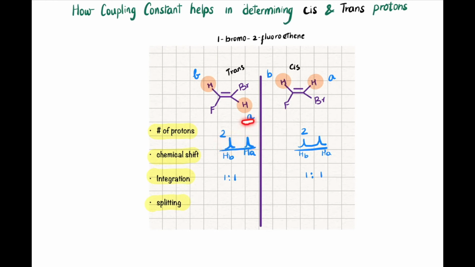When you look at the A proton, it has one neighboring proton and therefore it's split as n plus 1, which is 1 plus 1, a doublet. Again, the B proton will be split by the A proton as a doublet. So this peak right here will be split as a doublet, which is going to look something like this.